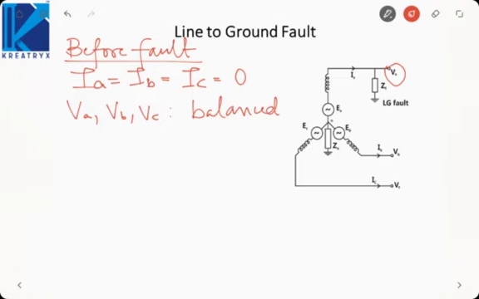How come they are balanced? Because they will be equal to EMFs, and as I told you, all EMFs are only positive sequence. If no current is flowing, VT will be equal to EF and they will be balanced.